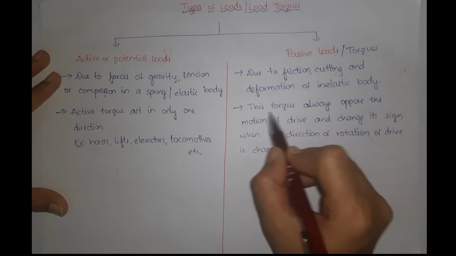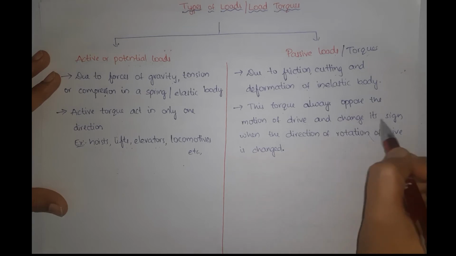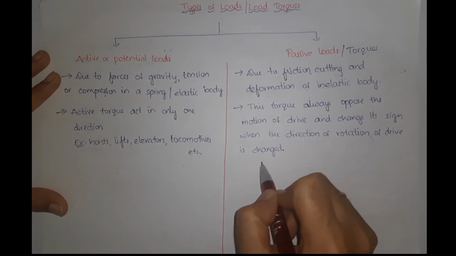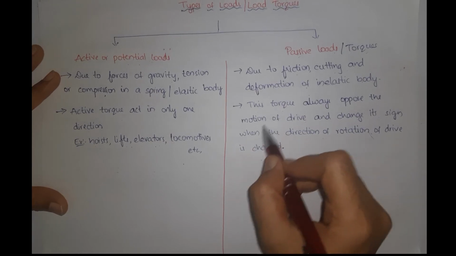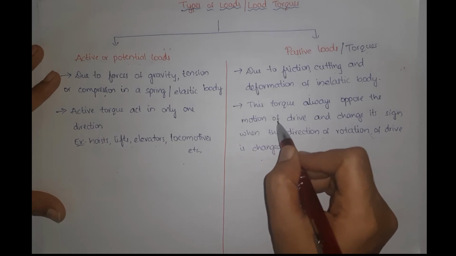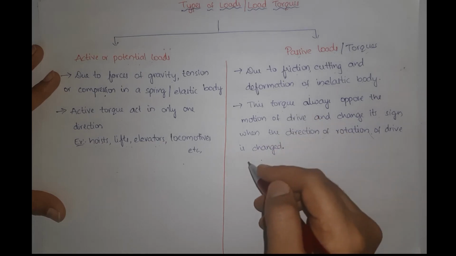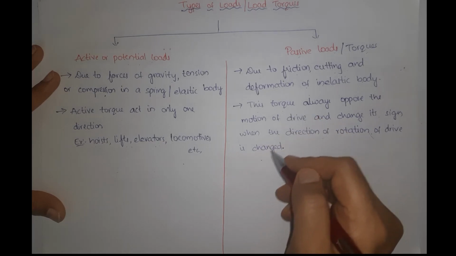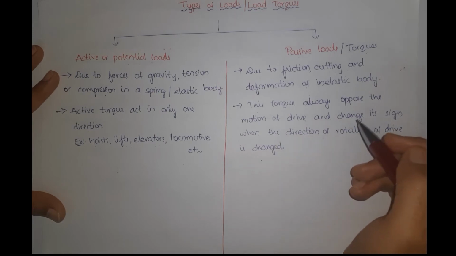This type of torque always opposes the motion of the drive and changes its sign when the direction of rotation of the drive is changed. So here the potential energy is not involved. This torque will always be opposite to the direction of the load, whatever it is, right? If it moves in the forward direction, the torque will be in the opposite direction. If it moves in the backward direction, then the torque again acts in the opposite direction.